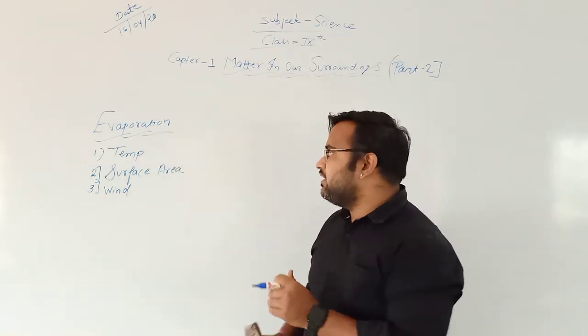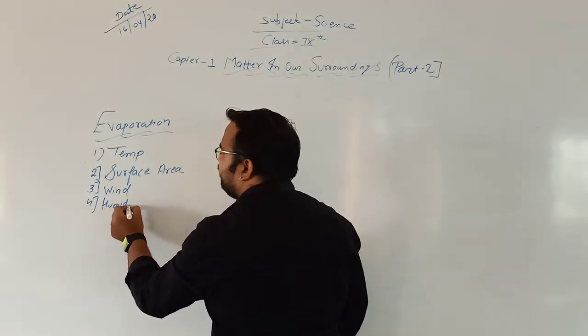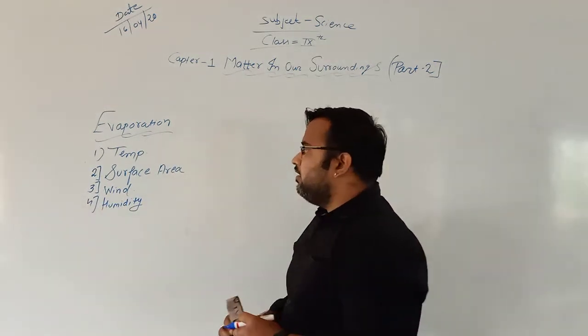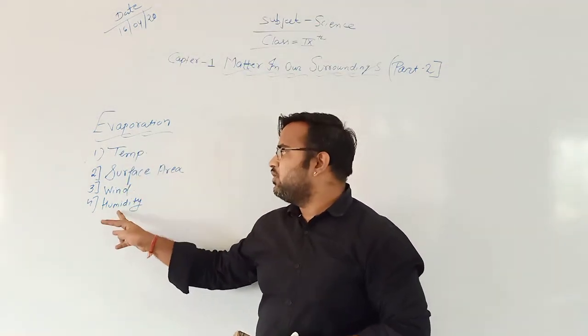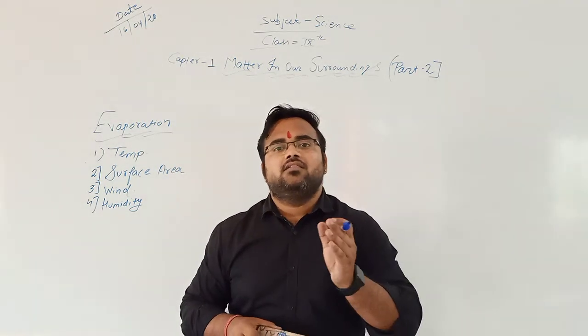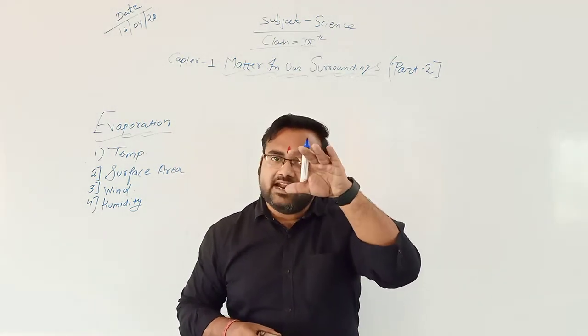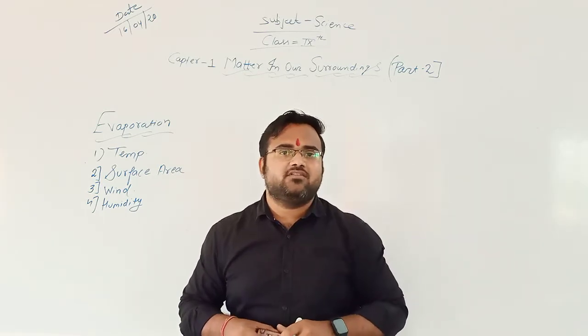And the fourth factor is humidity. But this fourth factor is a little bit different from these three factors, because if there is humidity in our environment, then the evaporation process will get slower. More the humidity, lesser is the evaporation.